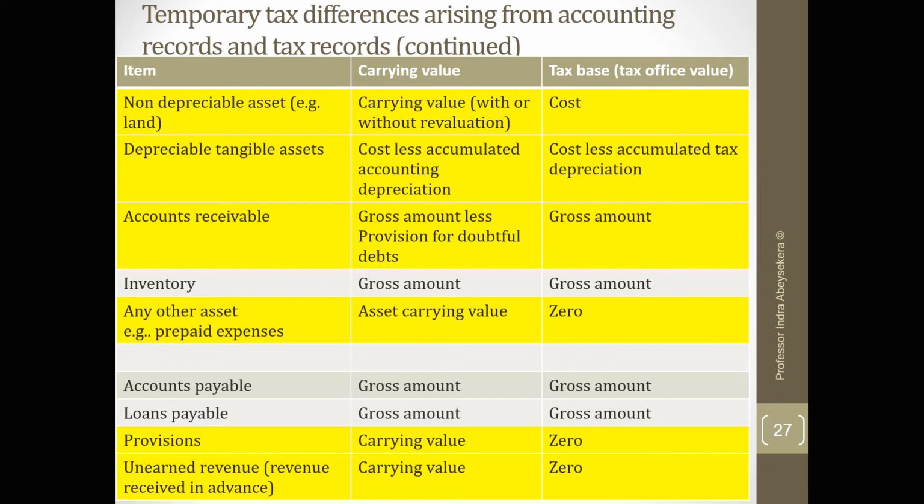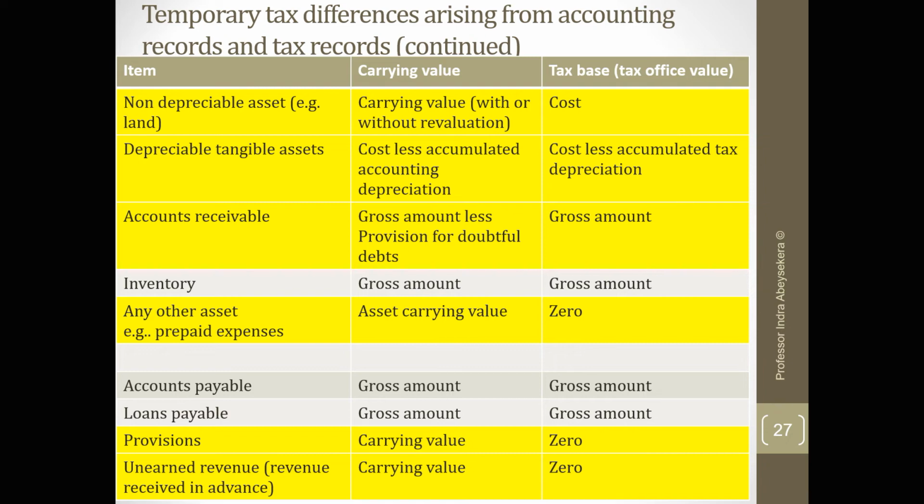When it comes to accounts receivable, the tax base will use the gross amount and will disregard the provision for doubtful debts. The provision is not cash, whereas accounting for accounts receivable is the gross amount less the provision for doubtful debts.